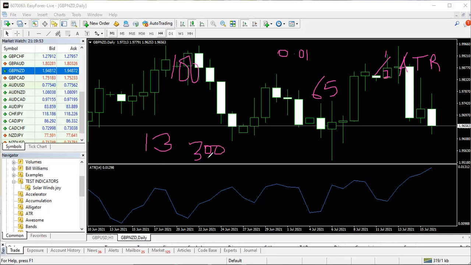So such a trader, if he should set his stop loss at maybe 300 pips, I'm just saying, with a 0.01 lot size, it means 300 pips will be $30. From his $100 account, if this trade should even go against him 300 pips, he's just going to lose $30.